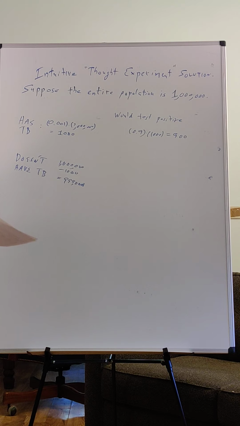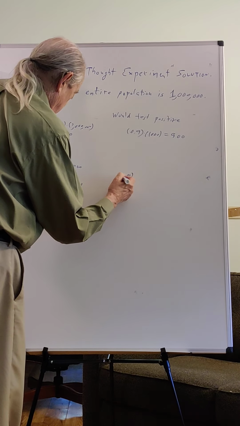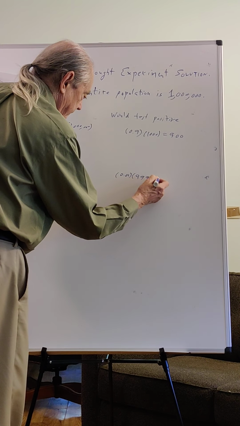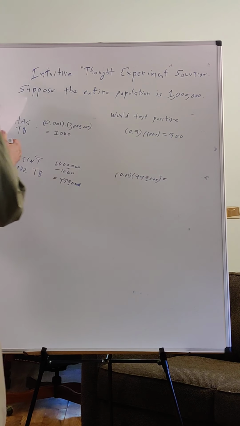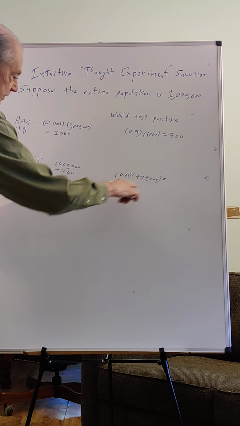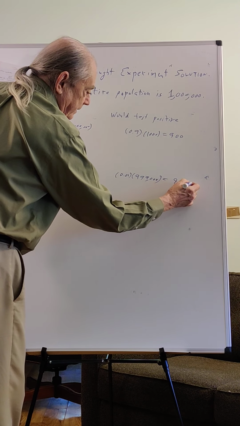All right, so if a patient doesn't have TB, there's a 1% chance that he or she will be diagnosed as having TB. So 1% of this number is, we shift the decimal point 2 places, so it's 9,990.